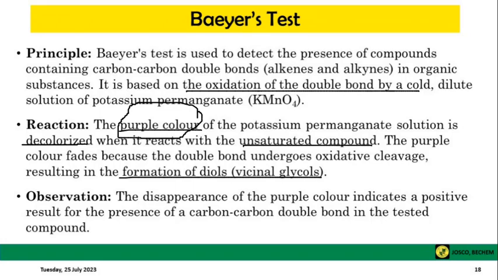Then, if there is presence of the double bond, we realize that the color gradually fades away. What have we said is resulting in this purple color fading? We are saying that the double bond would be oxidized in order to form diols or vicinal glycols.